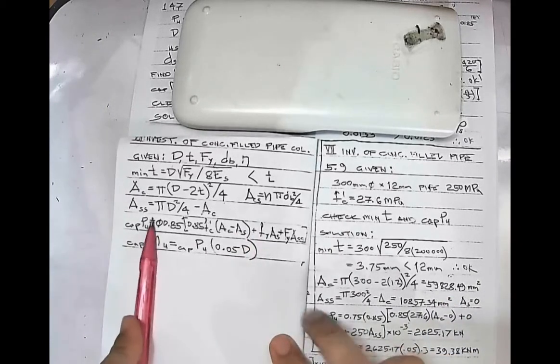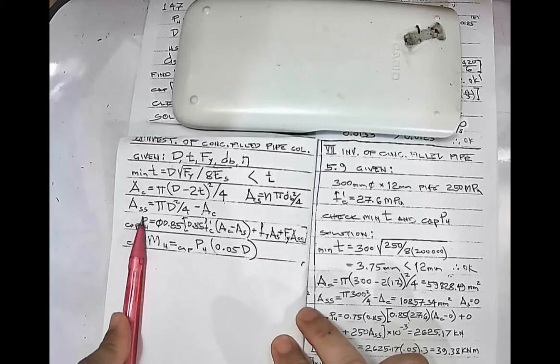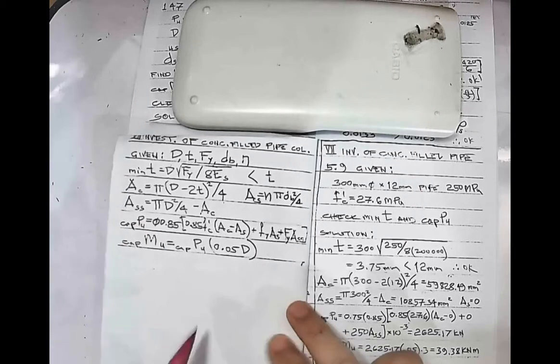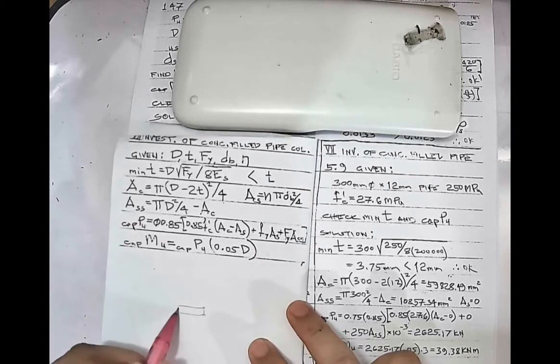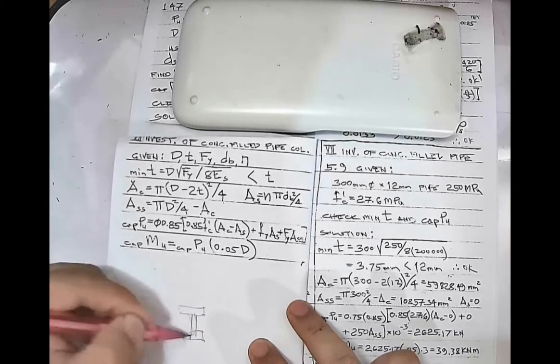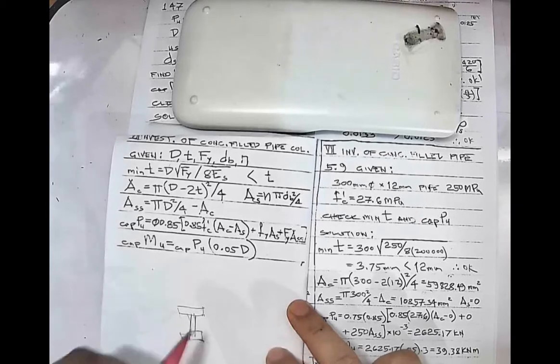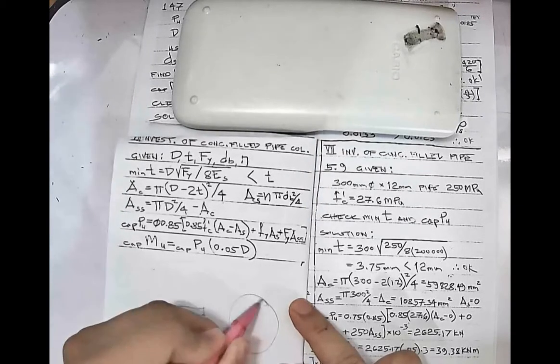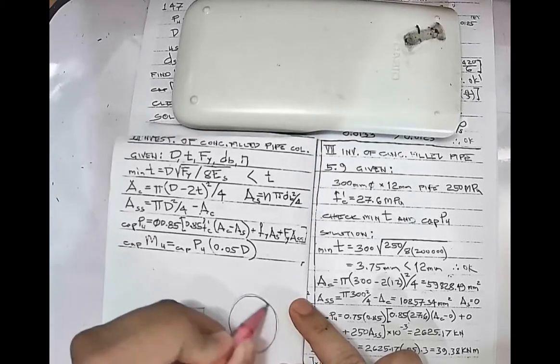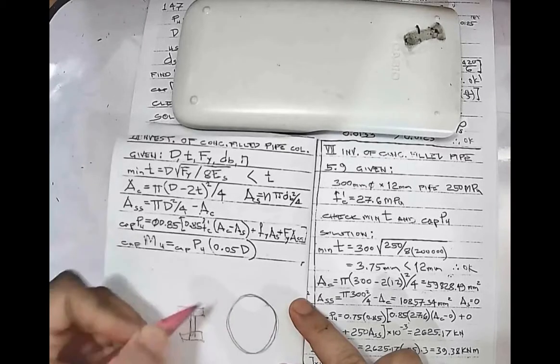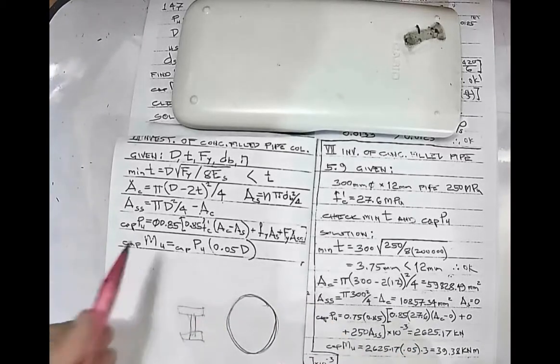And then we have area of steel section. Usually, ang area of steel section, yan yung nasa loob. Okay, yan yung nasa loob. But this time, ang ating ASS is your pipe. Okay?